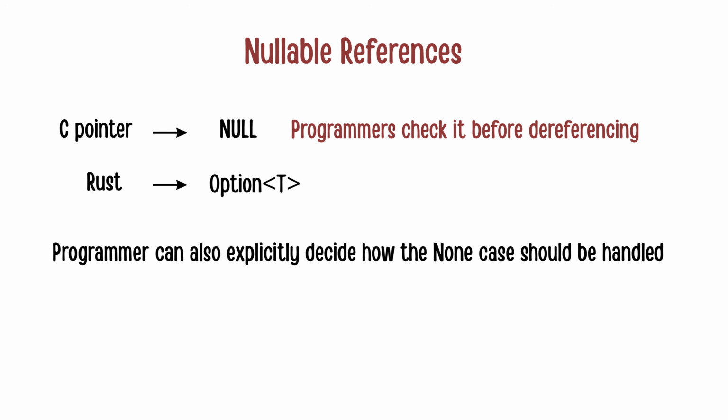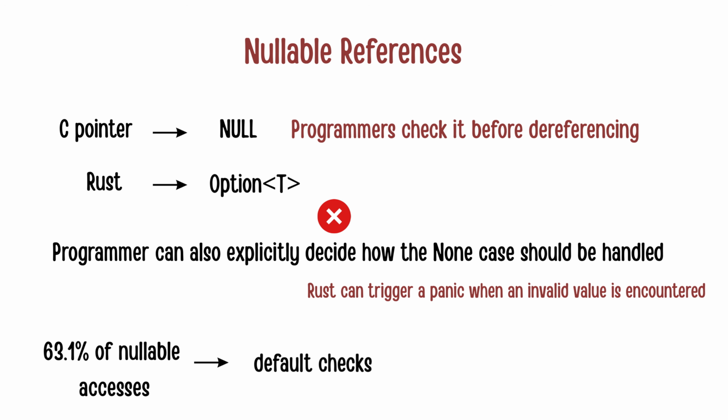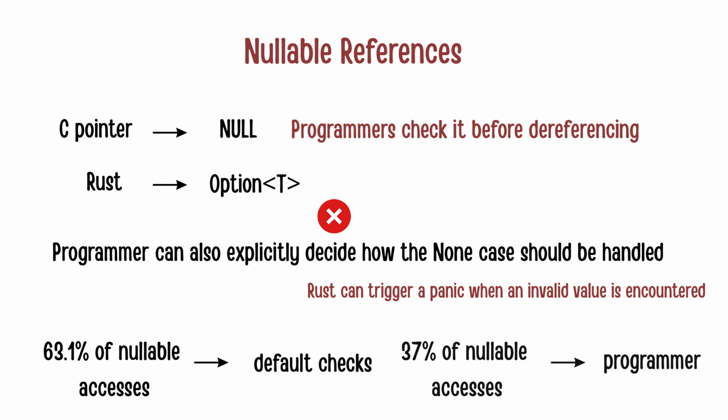The programmer can also explicitly decide how the None case should be handled. If they don't, Rust provides mechanisms that perform runtime checks and can trigger a panic when an invalid value is encountered. In the user translations, about 63.1% of nullable accesses relied on these default checks, which may result in a runtime panic. The remaining 37% handled the nullable case explicitly without relying on a runtime abort.